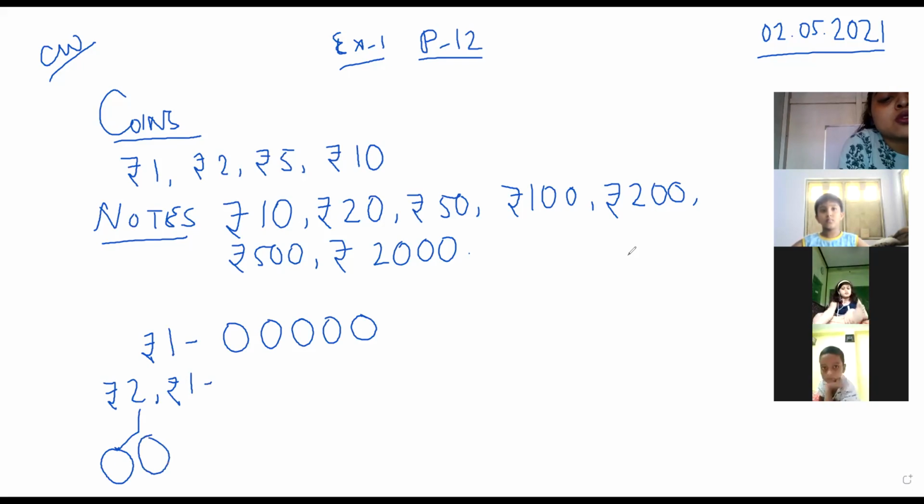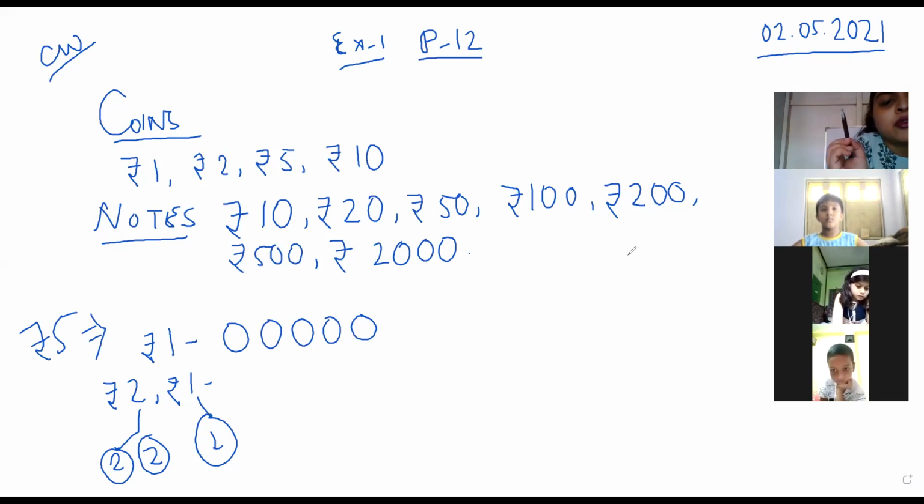Suppose this is a 2 rupees coin and this is a 1 rupees coin. So in this way I can give, right? Or else I can give you only one 5 rupees coin. Like this I can give you many ways of 5 rupees. These all are 1 rupees, by the way.